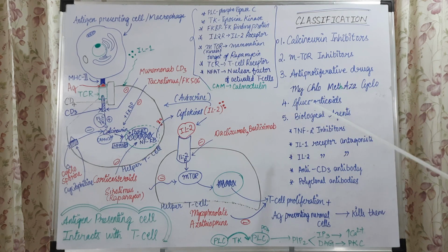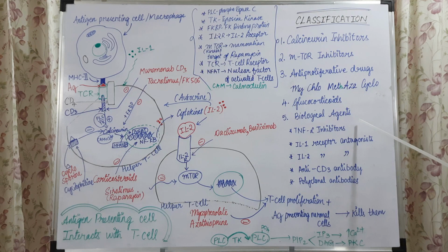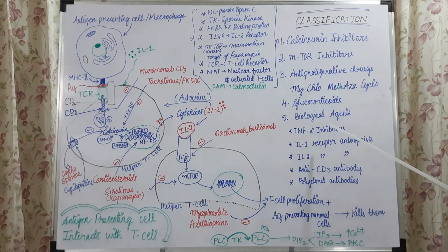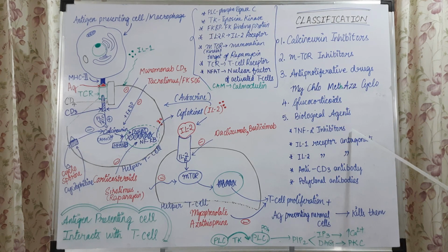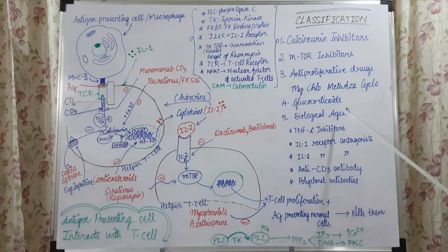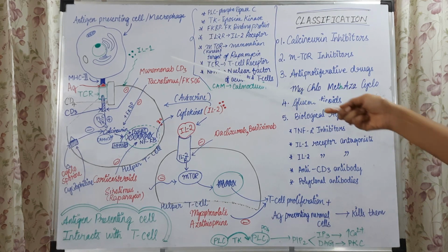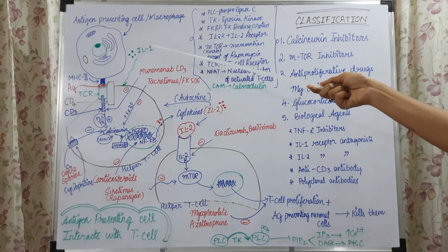And the next class of drugs are biological agents. So we have biological agents, in that we have the TNF alpha inhibitors. Their target is the macrophages.